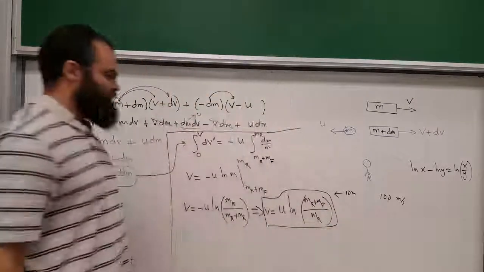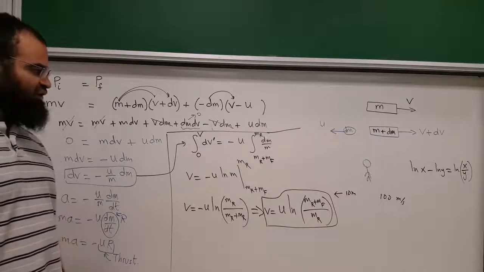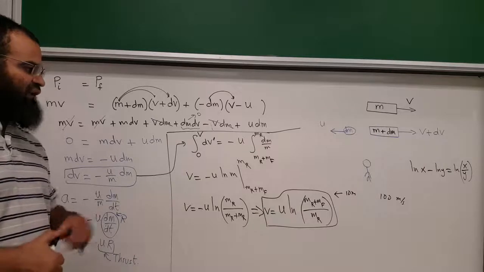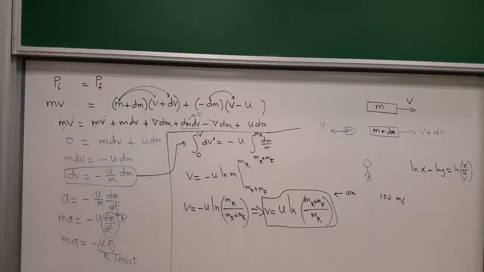And that would be your final velocity. The velocity starts at 0 and then increases to some value. Okay. I want to do a problem on this, but let's just do it in the next video because I'm running out of time.